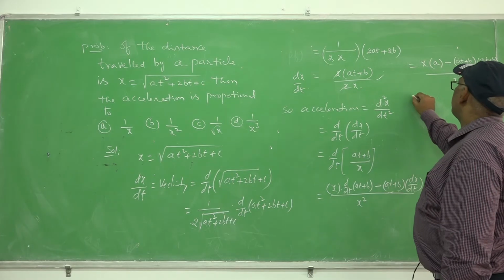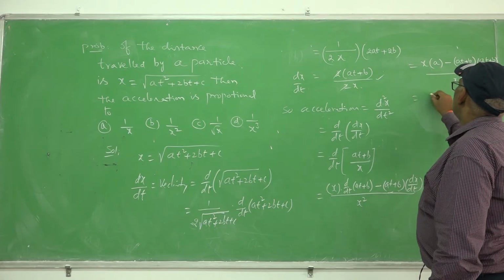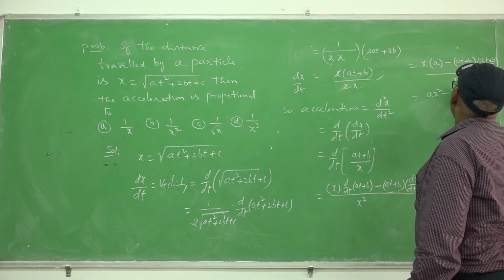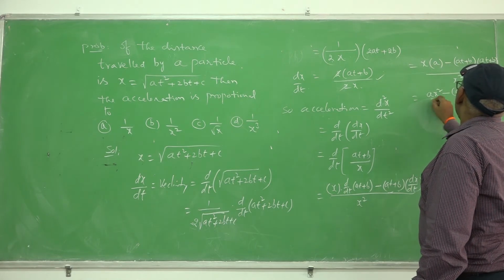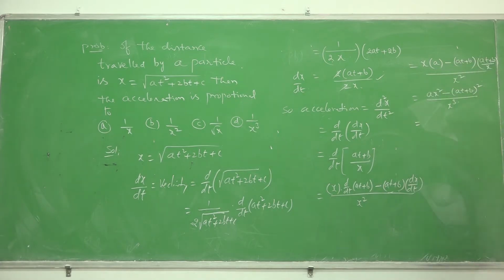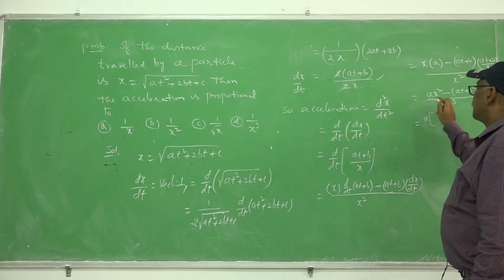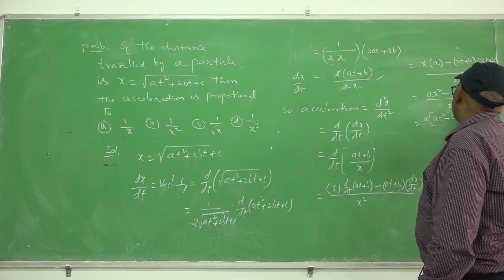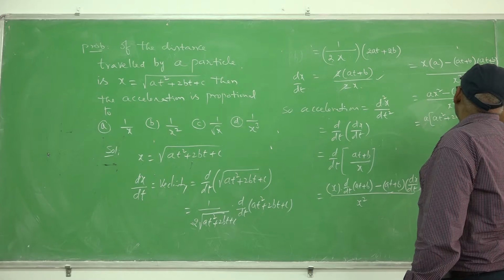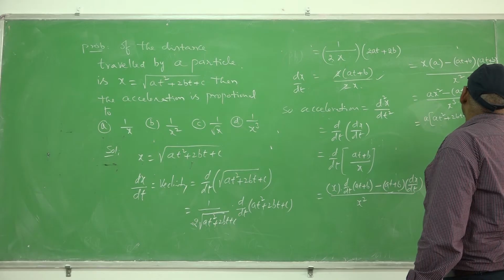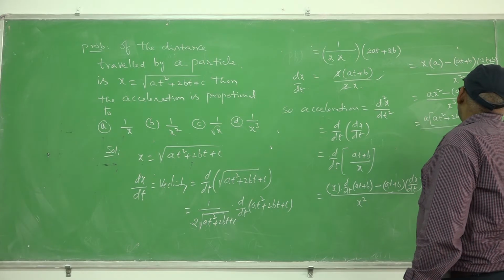Now on simplification, x is the LCM, so we get a x square minus of at plus b whole square by x cube. But a into x square is a into at square plus 2bt plus c, minus a square t square plus 2abt plus b square, at plus b whole square, by x cube.